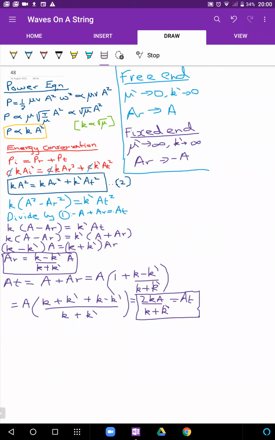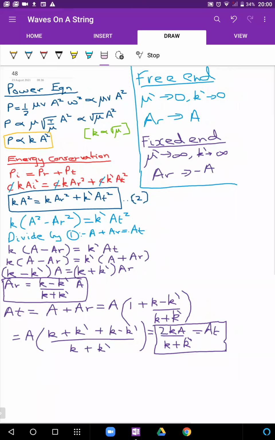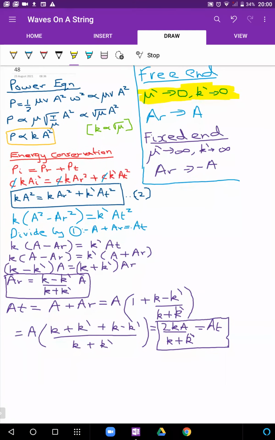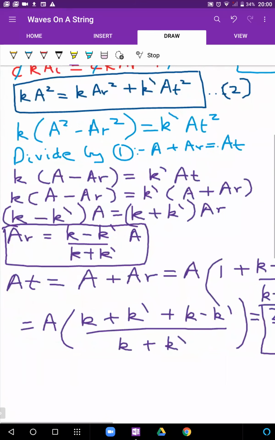So if the second string is incredibly light, if its linear mass density tends to 0, and thereby K dash, which is proportional to root mu, also tends to 0, use limits and see what this result becomes. If K dash tends to 0, AR is equal to K by K times A. K will cancel out.